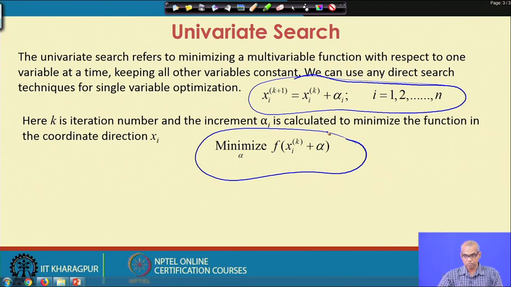In other words, you calculate alpha to minimize the function in the coordinate direction x I. So, you find out alpha here, so that you minimize f of x I at kth iteration plus alpha.